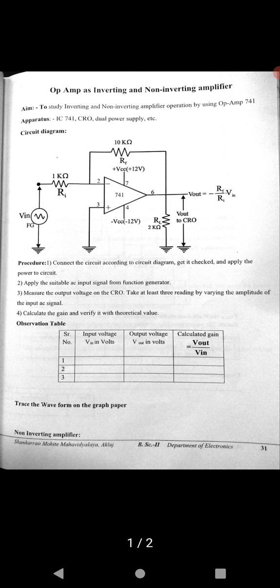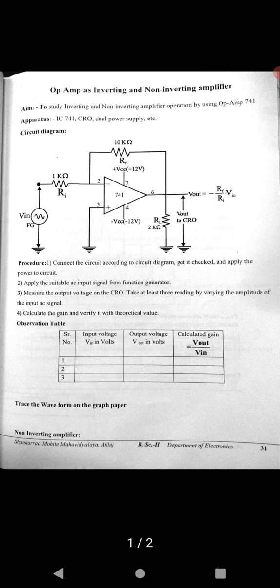Then the circuit diagram of the given experiment. This is the inverting operational amplifier. That means the input is applied to the inverting terminal, pin number 2, which is connected to a 1 kilo ohm resistor, and this resistor is connected to a function generator where we apply the suitable AC input signal.